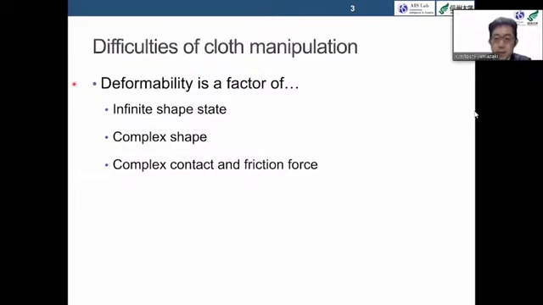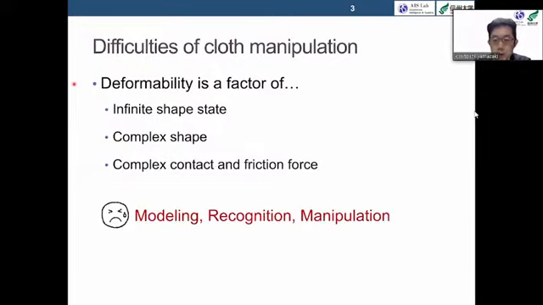This deformability brings factors such as infinite shape states, complex shapes, and complex contact and friction forces with the surrounding environment. Therefore, modeling, recognition, and manipulation of cloth become difficult. However, humans have a high capacity for deformable object manipulation. Therefore, it should not be impossible to achieve this with a robot. For such reasons, this kind of research theme is very rewarding, I think.